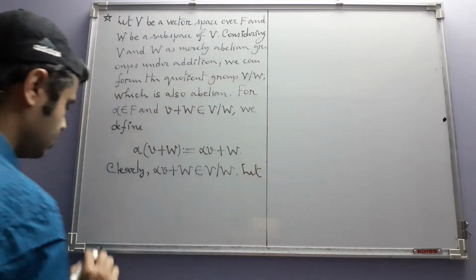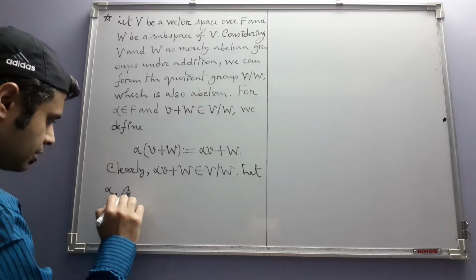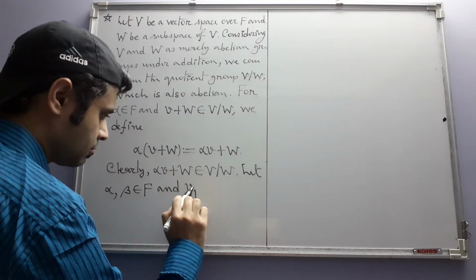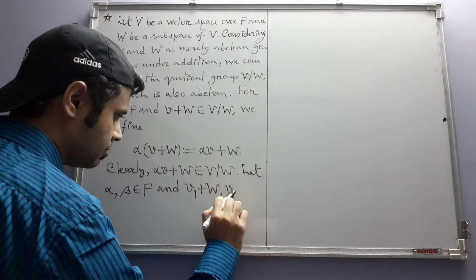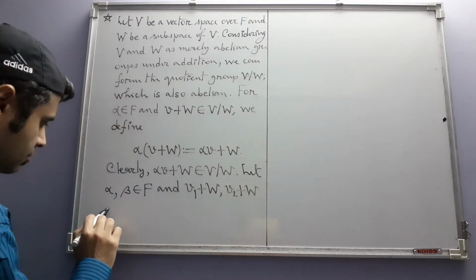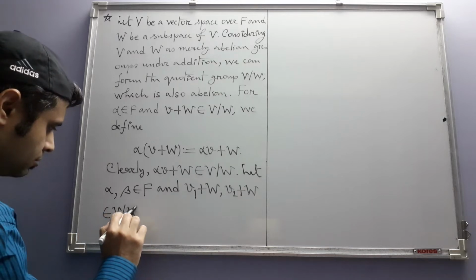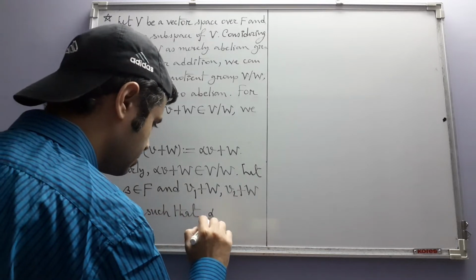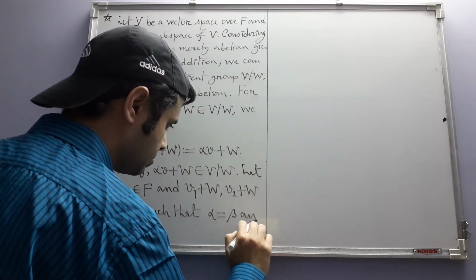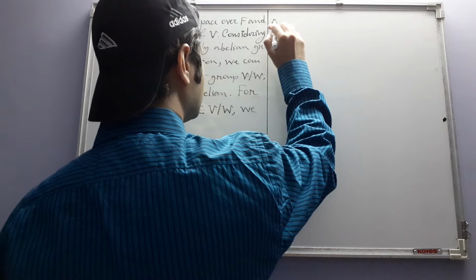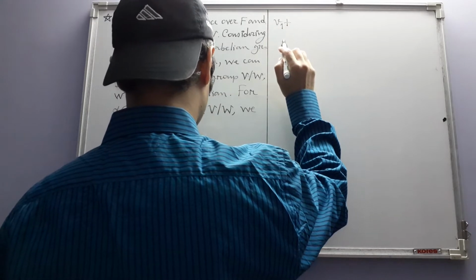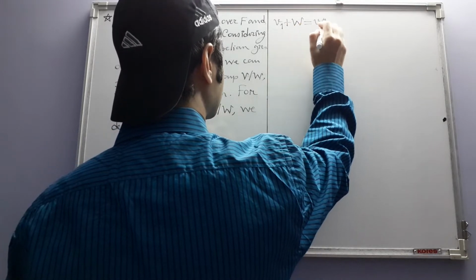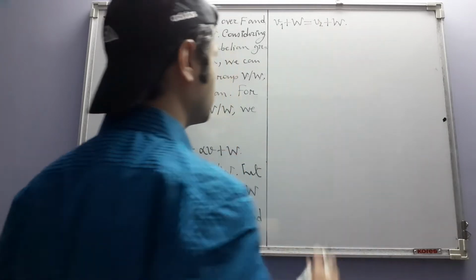Let alpha and beta belong to F and v1 plus W and v2 plus W belong to V by W such that alpha is equal to beta and v1 plus W is equal to v2 plus W.